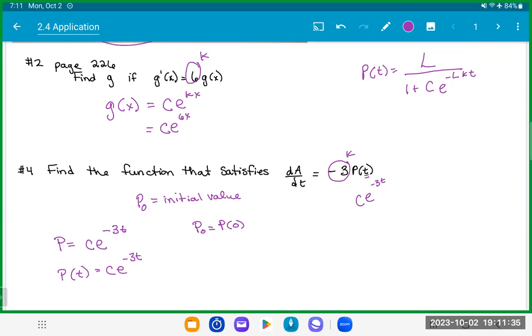So it'll be my function evaluated at time 0: c times e to the negative 3 times 0, which gives me c times e to the 0, but e raised to the 0 is 1, so that would give me c. So my p naught is equal to c, and thus we can represent it as what we have shown here.